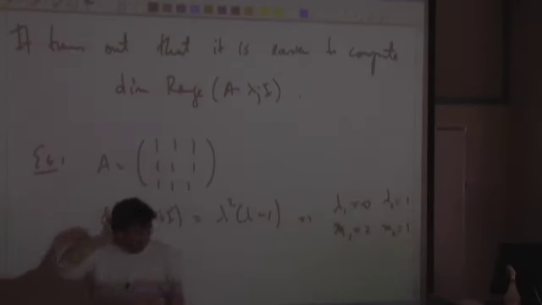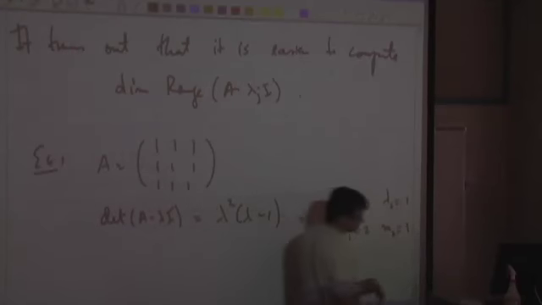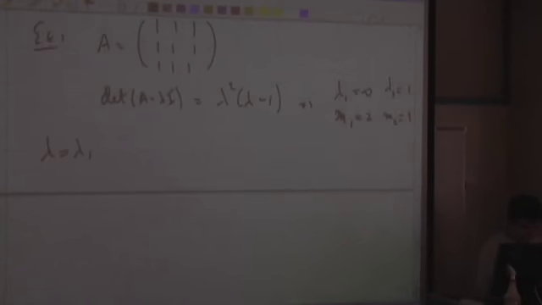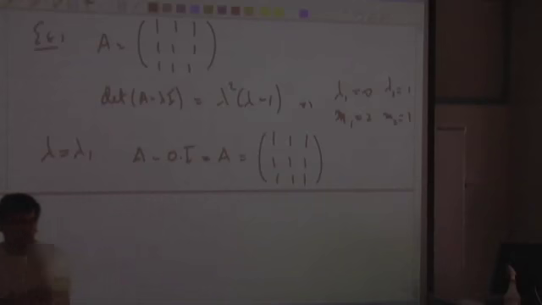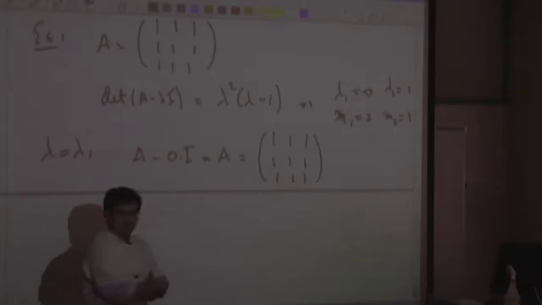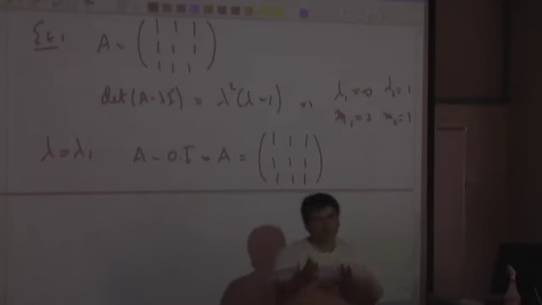I hope that's correct. Anyway, let's start with lambda equals lambda 1. A minus 0 times identity, of course, is just A. So it's this matrix, right? What's the column space or the range of this matrix? Well, the column space is, as I said, all linear combinations of the columns.